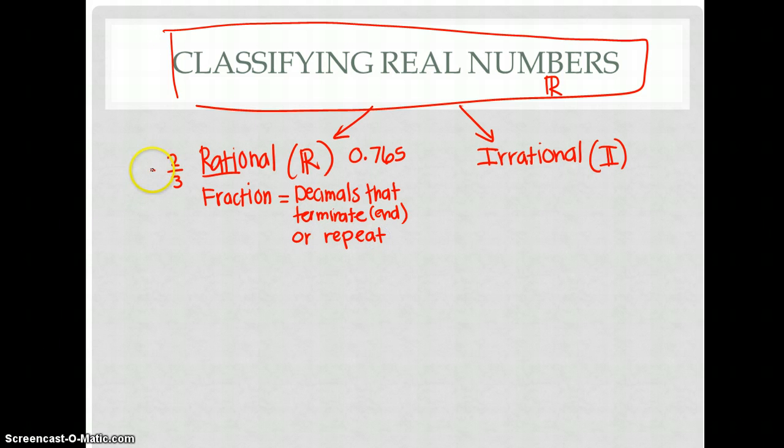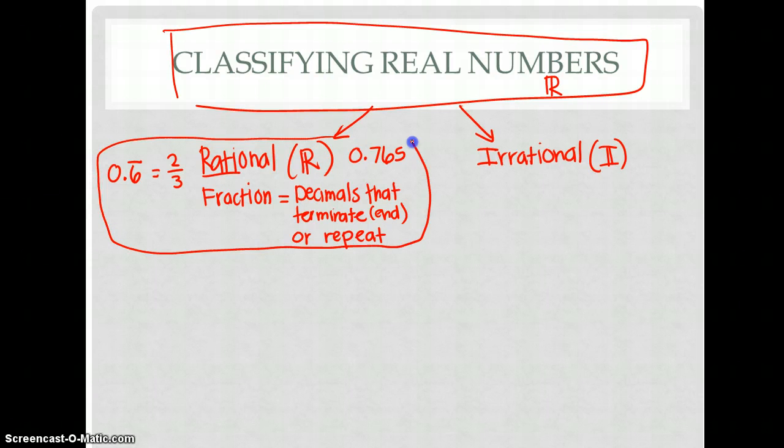So for instance, 2/3 that I just wrote is 0.6 repeating. As soon as you have a repeat for your decimal, that means it's going to be able to be written as a fraction, whether or not you know that fraction yourself. So all of these would be examples of rational numbers. Irrational would be the opposite, numbers you can't write as a fraction.